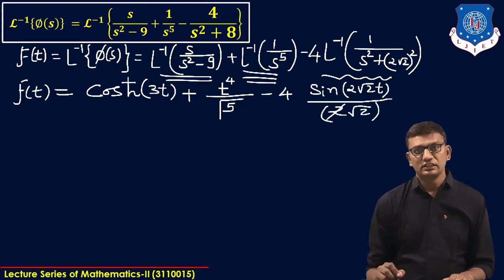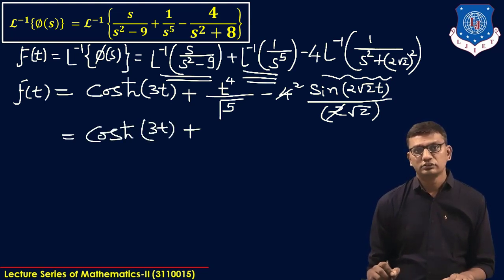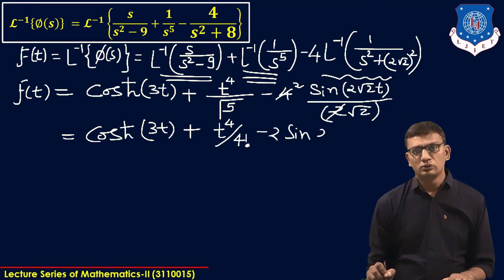Now we can cancel 2 with 4, then finally we get cos hyperbolic 3t plus t raised to 4 upon 4 factorial, because gamma 5 is 4 factorial, minus 2 sin 2 root 2 t upon root 2.